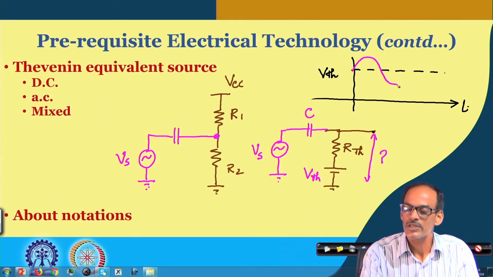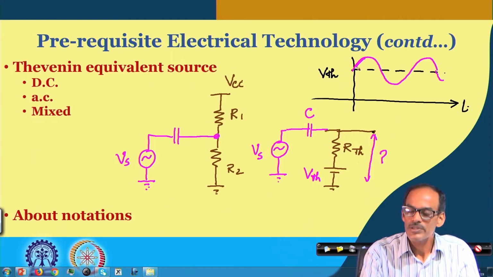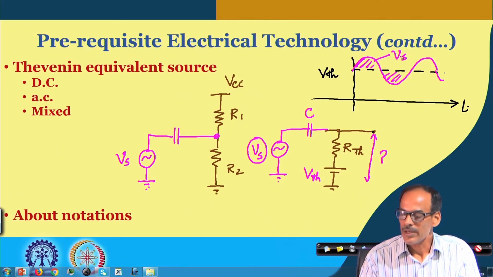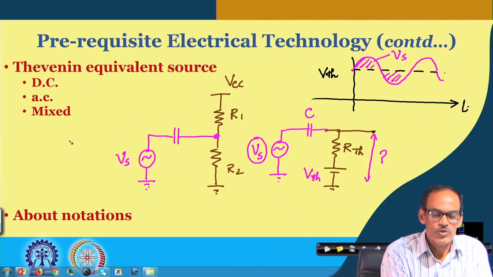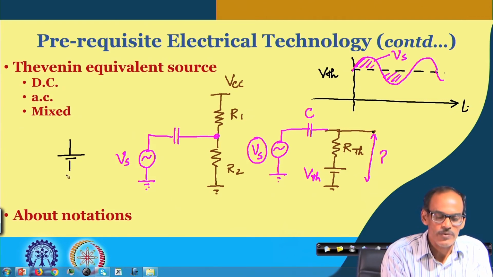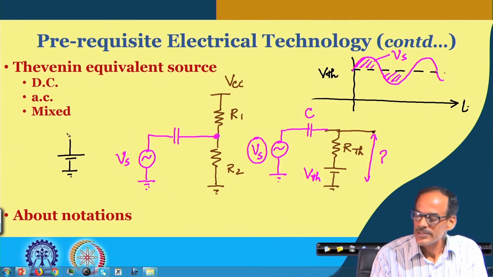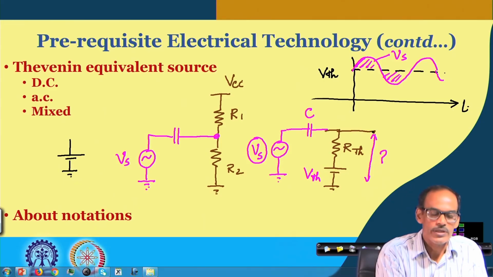Suppose it is a sinusoidal signal, then you are getting this signal coming here. Whatever signal you are seeing here is coming from this Vs. So, it looks like by arranging this circuit, we made a good useful circuit, where we do have a DC source, if I ignore this resistance for the time being, in series with a signal.